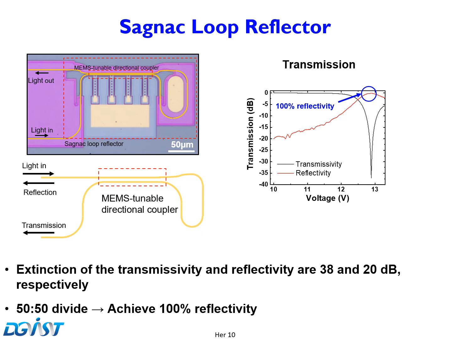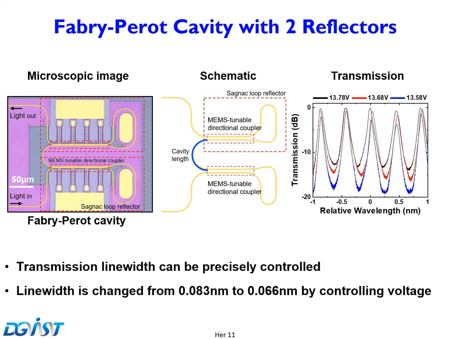As shown in the graph, the extinction of the transmittivity and reflectivity are as large as 38 and 20 dB respectively. By dividing light into a 50-50 ratio, 100% reflectivity is achieved.